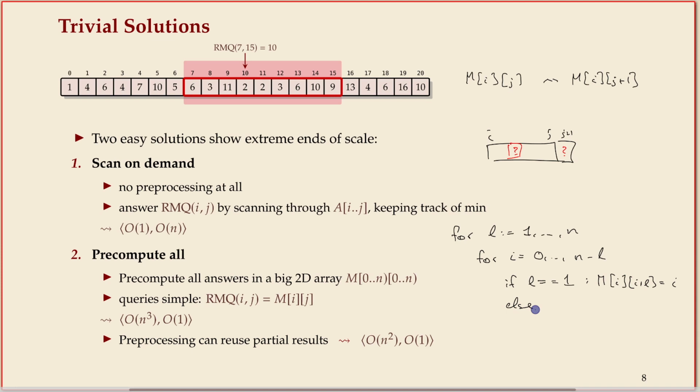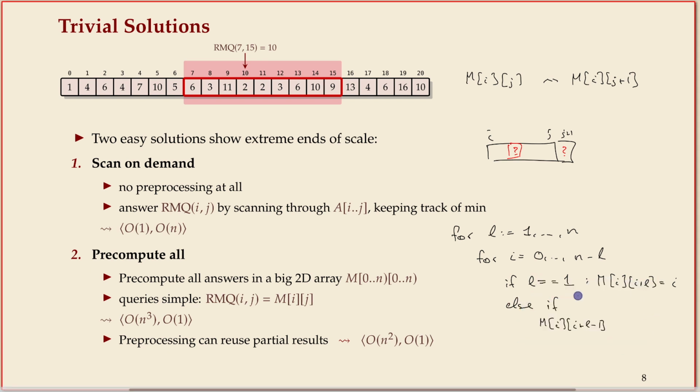And otherwise, there's a smaller one. So I can take my I and I plus L minus 1. We'll use that a few times. Let me give that a name.